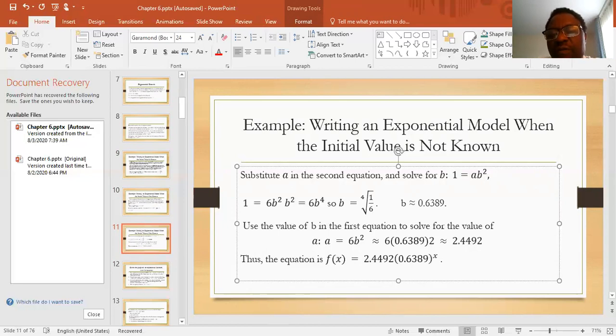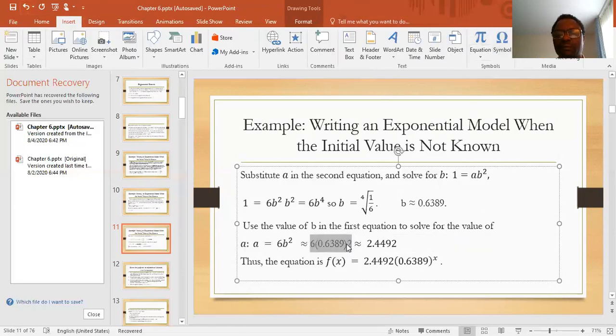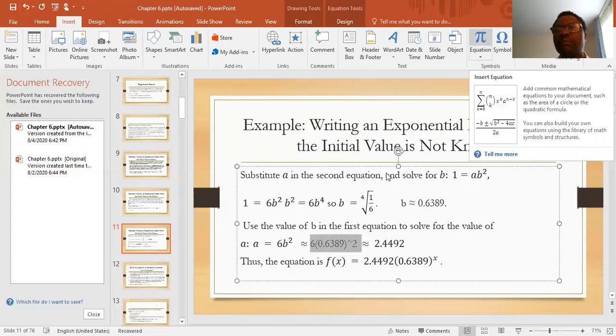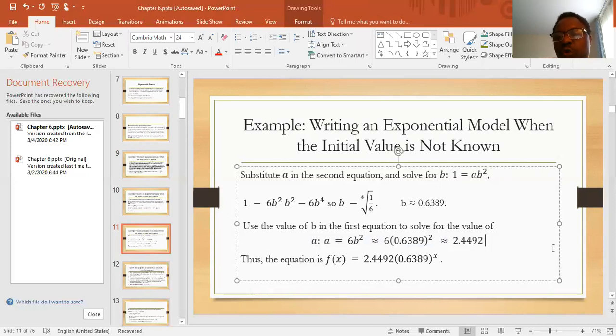So use the value of b in the first equation to solve for the value of a. Recall that a equals 6b squared, so we replace b by its value and square it, to have a equals 2.4492.